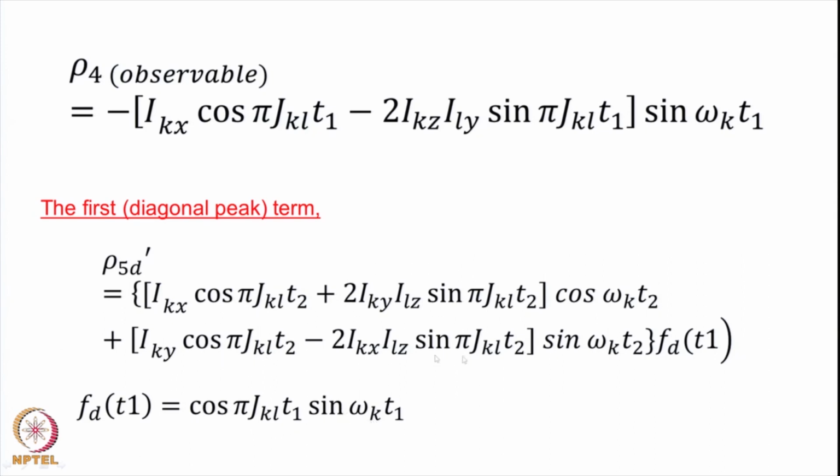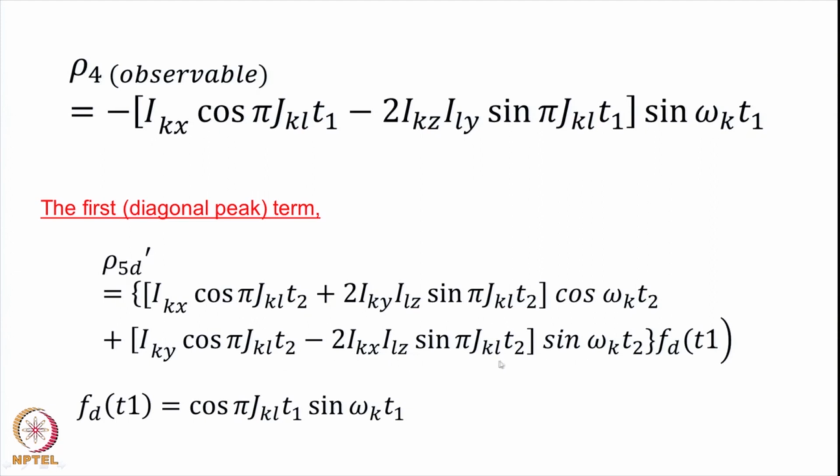So, now if you expand this further as separate frequencies, this gives you omega k and pi jkl. Cosine pi jkl T2 sin omega k T2 will produce two sine terms, with frequencies at omega k plus pi jkl and another sine term with omega k minus pi jkl in T2.